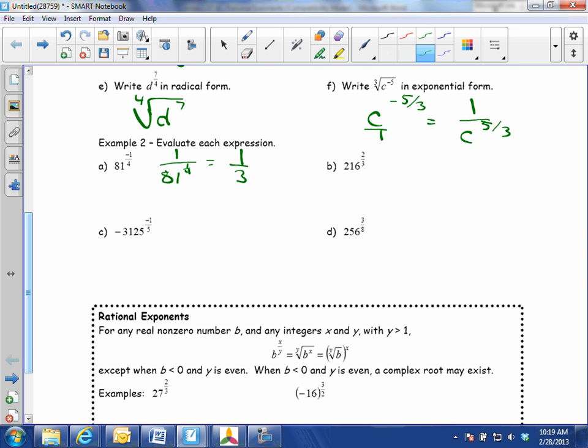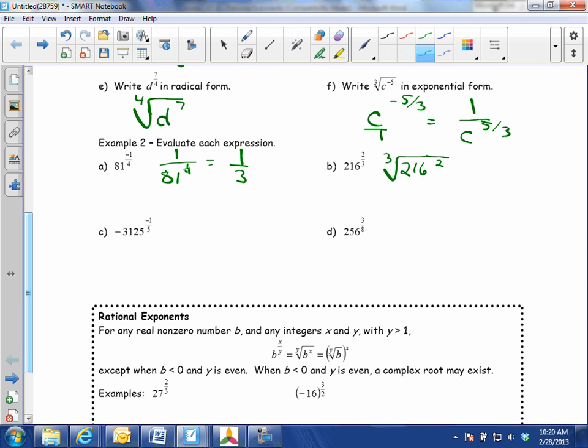All right, how about b? What are we going to do there? It's the radical form of the third root of 216 squared. So we could square it first. Sure.